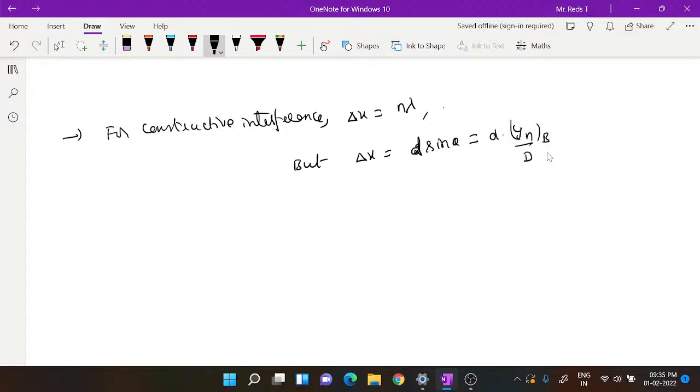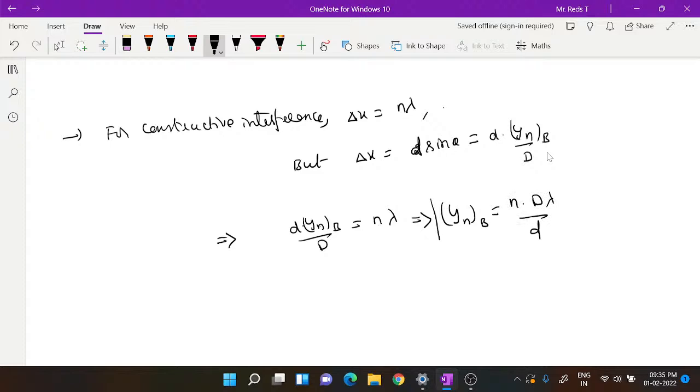Since these two are delta x, if you equate them, you can write small d into yn of the bright fringe by capital D is equal to n lambda. From this, the position of the nth bright fringe is equal to n into capital D lambda by small d.